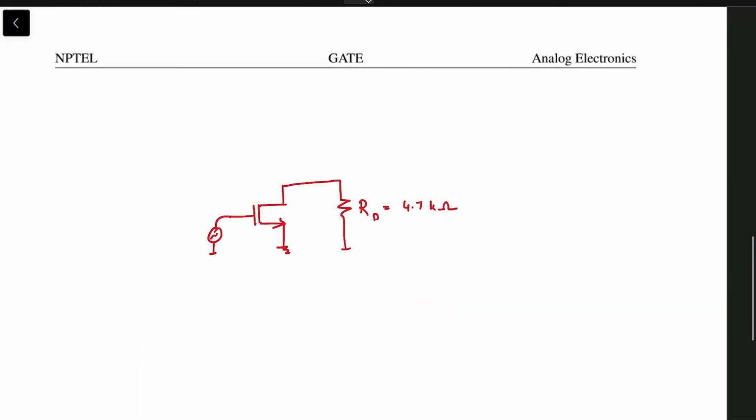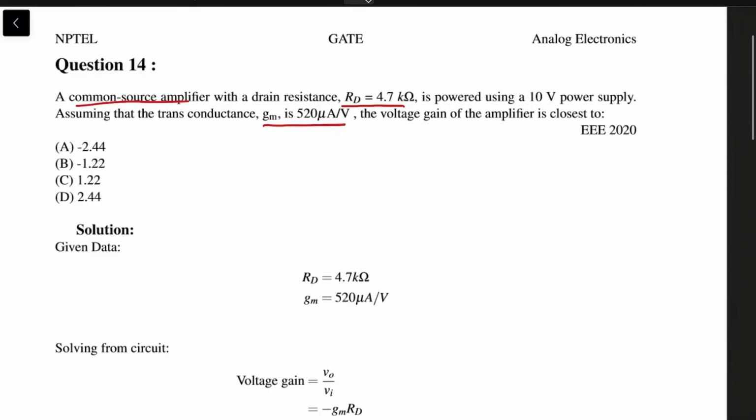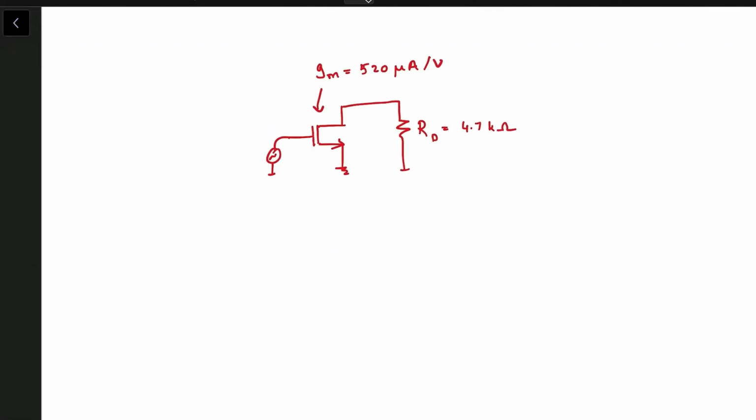Finally, we are asked to find out what the voltage gain of the amplifier is. Since we are not given an output resistance, we assume that the transistor is ideal in the sense that it has infinite output resistance.